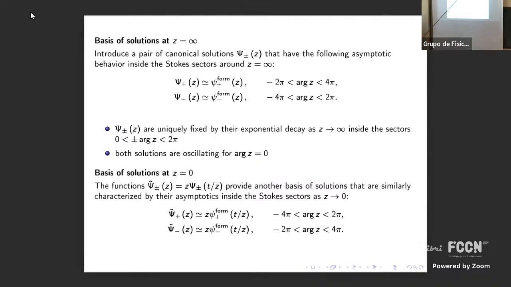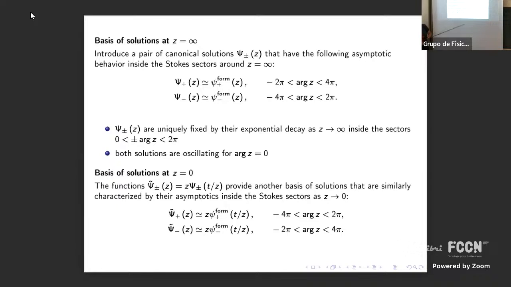So this is a basis of solutions associated to the singular point at infinity. This is, in a similar way, a basis of canonical solutions at 0. These are fixed uniquely by the exponential decay inside these sectors.